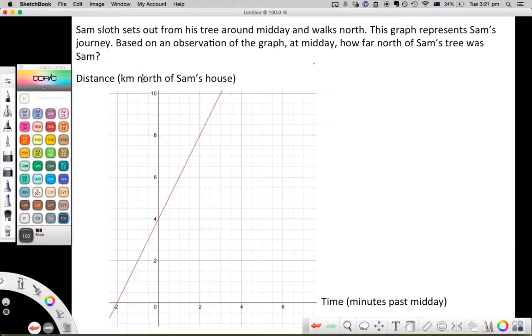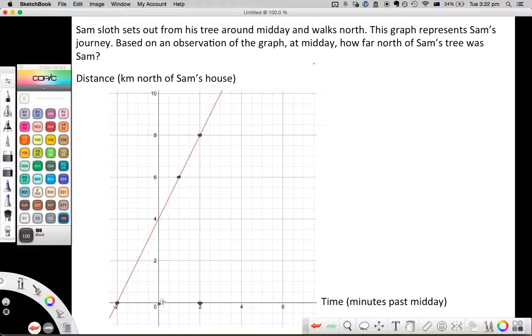Okay, so what's this? This is distance north of Sam's house. So at this point, he's 6 kilometers north. At this point, he's 8 kilometers north. And he starts off, this is time, minutes past midday. So if this is 2 minutes past midday, he sets off at 2 minutes before midday. But the question is, how far north of Sam's tree was Sam at midday?